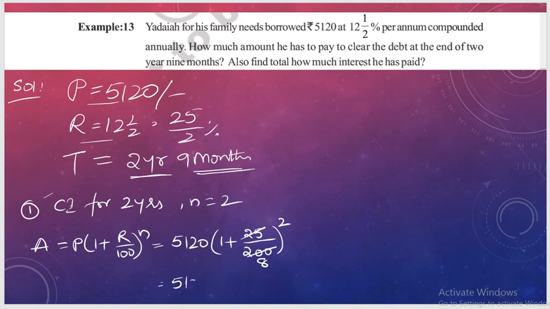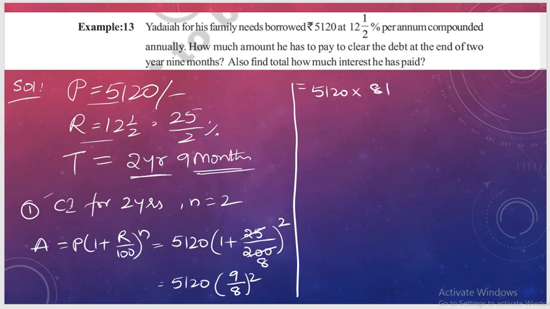So this I can write as 5120 into 9/8 whole square. On simplification, what am I going to get? 5120 into 9 square is 81 divided by 8 square, right?